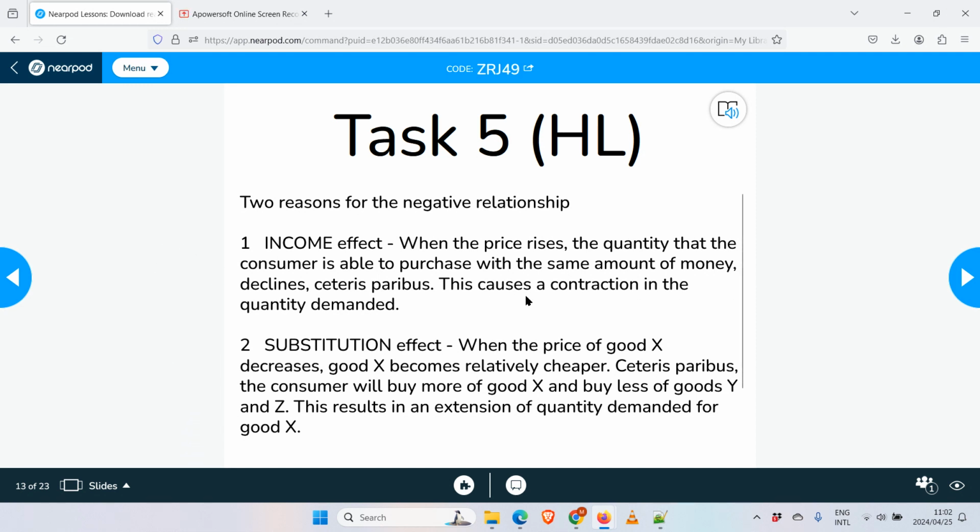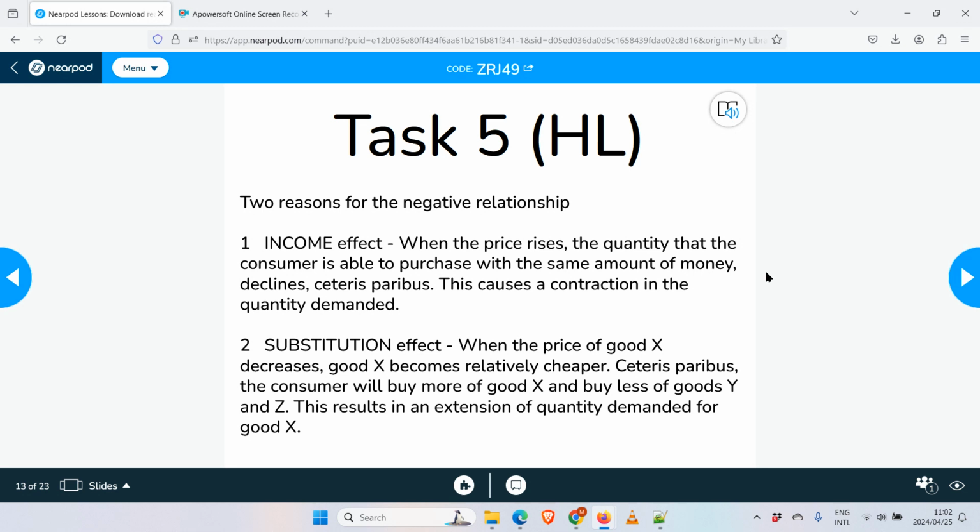Income effect, that is the income of consumers, their wages, their earnings, what they earn. If there's a change in price, it follows that the quantity of goods that consumers are able to afford will change.